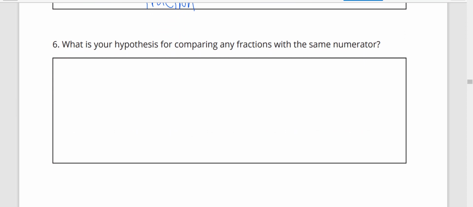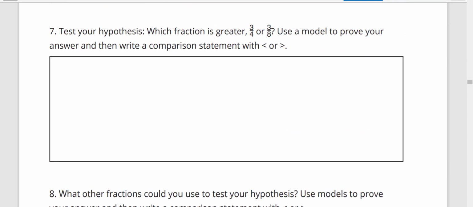Right answer. Exercise number 6. Exercise number 7, test your hypothesis.